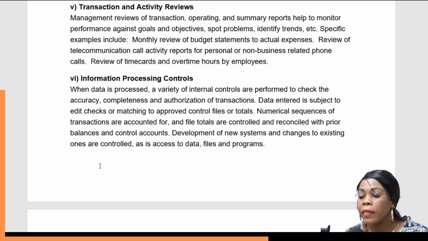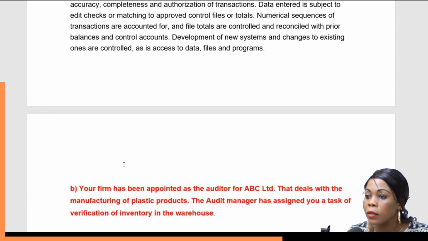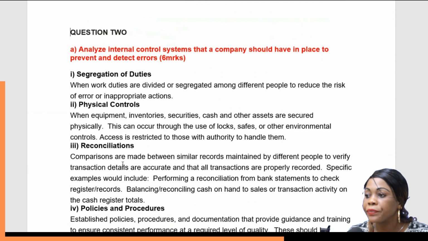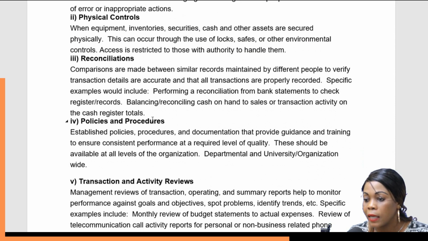Then numerical sequences of transactions are accounted for, and file totals are controlled and reconciled with prior balances and control accounts. Okay, I think those are the 6 controls that the company should put in place to prevent and detect errors.